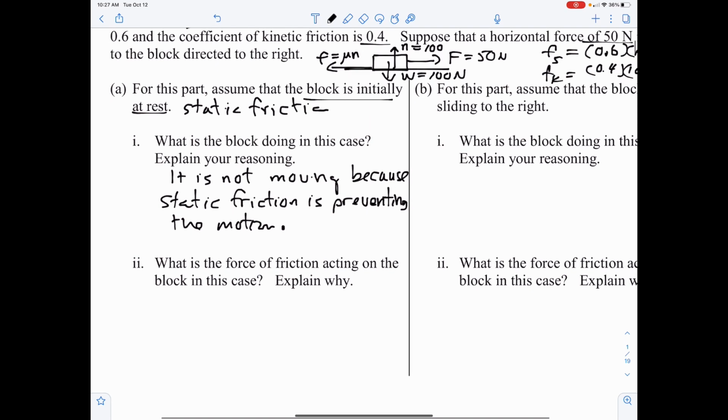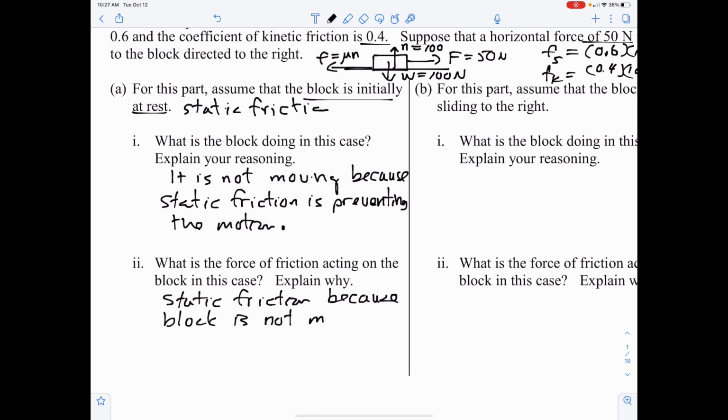Part 2, what is the force of friction acting on this block? It's static friction, right, because the block is not moving.